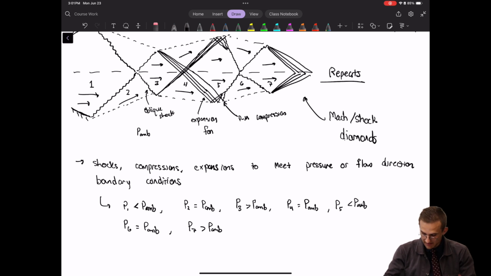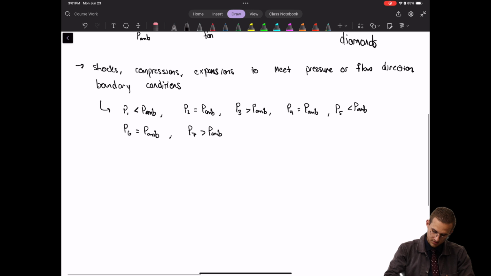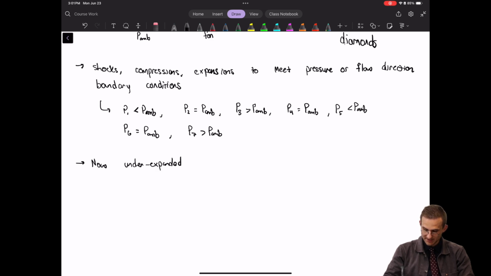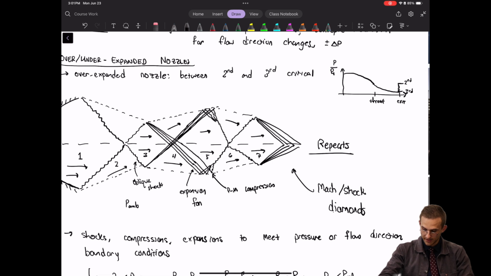So let's also just talk about underexpanded flow. What's happening there is we're below the third critical, so we're somewhere down here for the ambient pressure.